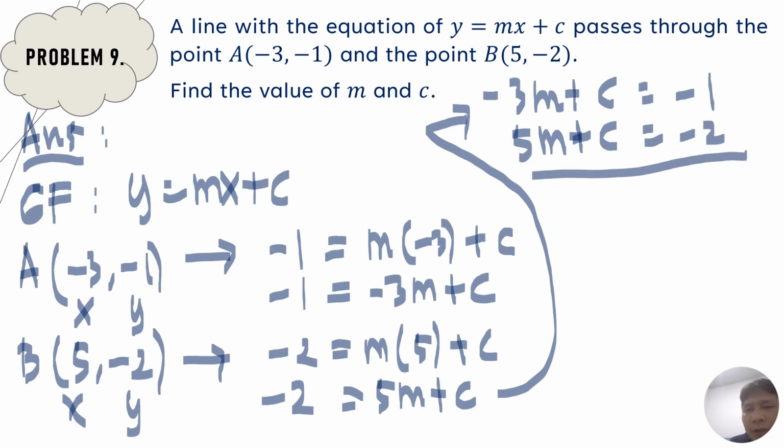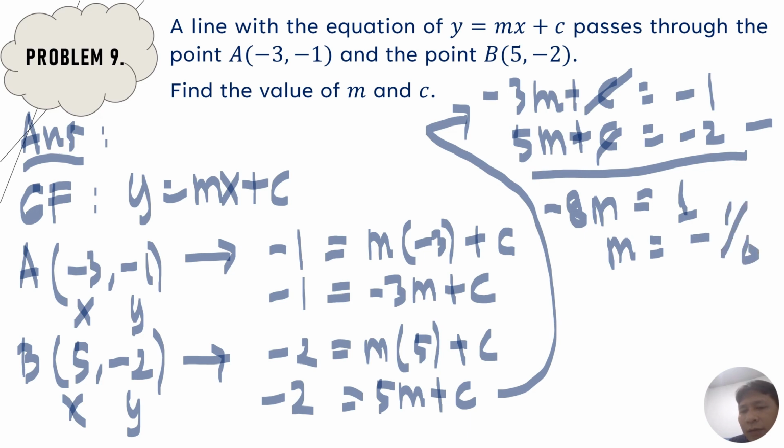Because the coefficients of c are already the same, positive 1, we just eliminate the variable c. So this is minus, we can cancel variable c, and then here we have negative 8m equals minus 1 plus 2 equals 1. Then the value of m equals minus 1 out of 8.